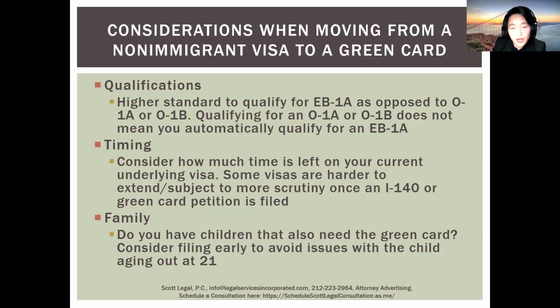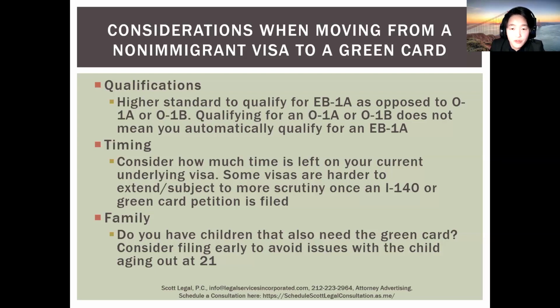Some non-immigrant categories are very strict on looking at non-immigrant intent when they're approving the visa. So for example, once you file an I-140 for either the NIW or EB-1A category, it could be a little bit more difficult for you to renew your TN visa, for example, at the border. You could get challenged on immigrant intent for that. So it could be a strategy issue to renew or extend your non-immigrant visa first before choosing to apply for the EB-1A or NIW.